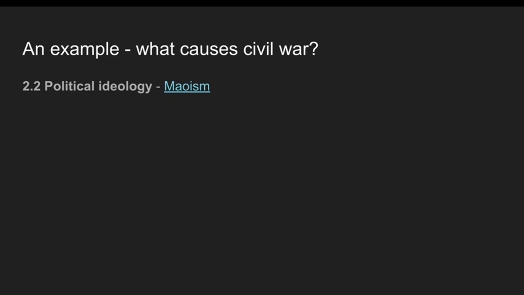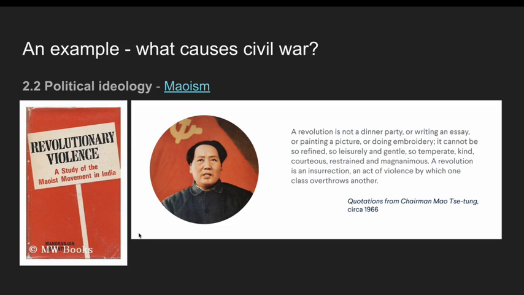Now, Mao was in charge of the government, so he did not launch a civil war because civil wars are launched by people who don't represent the government. But there were non-state actors who were influenced by Maoism and used that as their political ideology, and that was their justification for engaging in violence, which is the title of this book here, right? A study of Maoist movements in India.